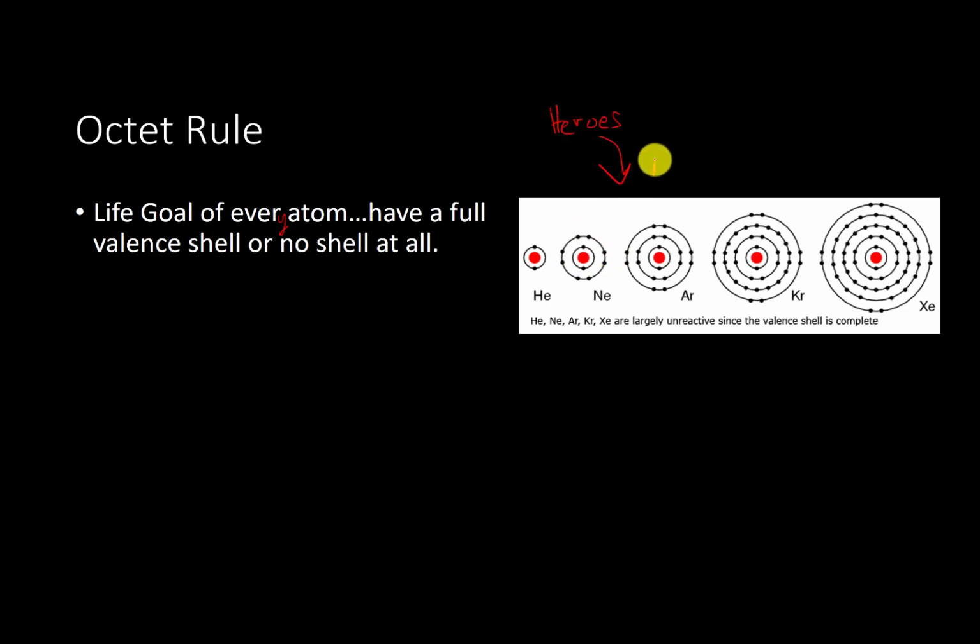They are the noble gases. And you'll notice that every one of these has a full valence shell. They all have 8 electrons in their valence shell. And of course, the one exception here is helium, which only has 2. And we know why, because the first shell only holds 2 electrons.